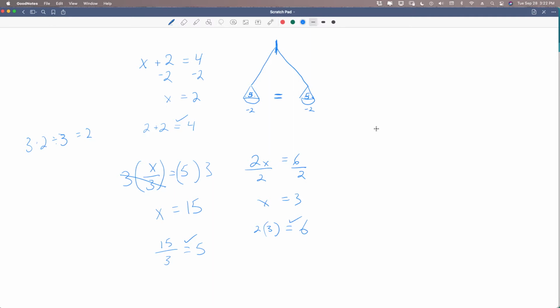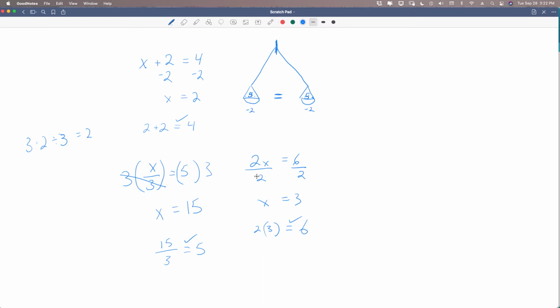So we know that that is a true statement and that it proves the ability to use the inverse operation in order to solve for x. But it also proves the rule that as long as we multiply or divide both sides by the same operation and the same quantity, then we will get the same answer.